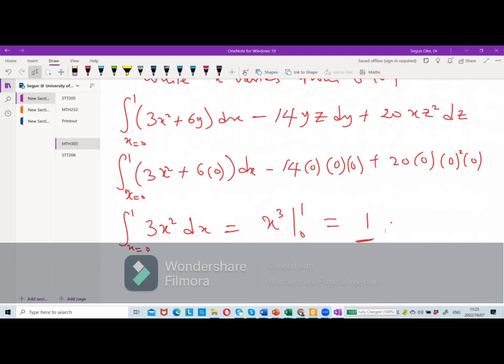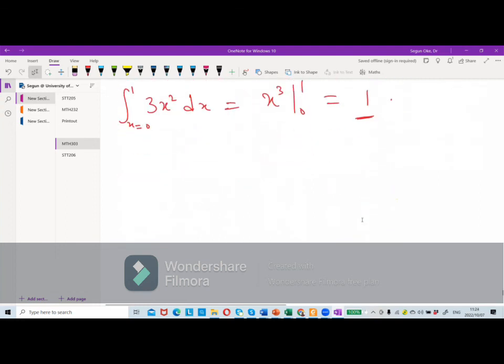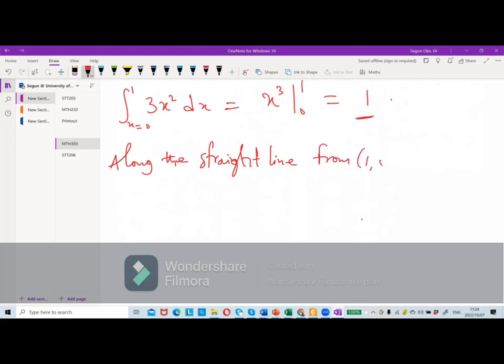So another part we are given says, let me just check my book for the question. I don't want to be flipping it. It says, along the straight line from (1, 0, 0) to (1, 1, 0).